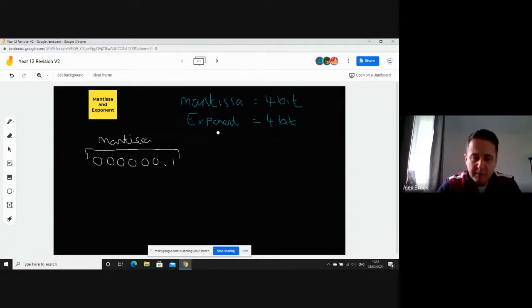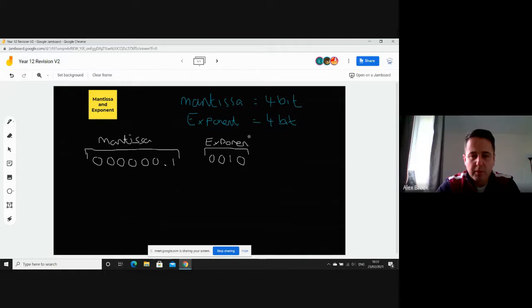The exponent is how many bits it moves. Because we're looking at it just as an open example, a 4-bit, you will know that you might have something like that. That there is a 4-bit exponent.